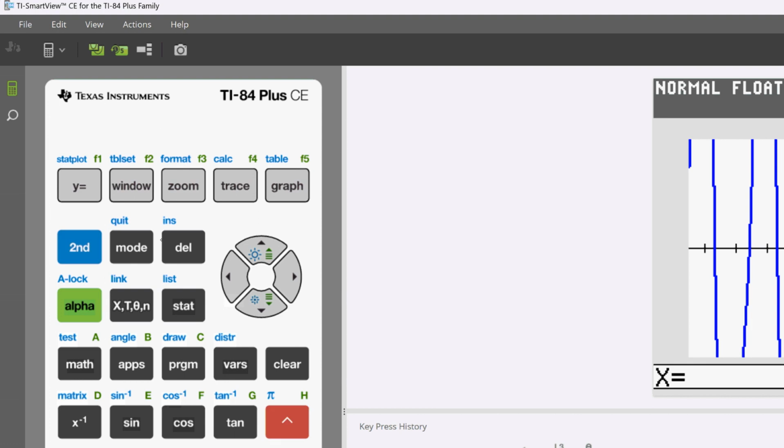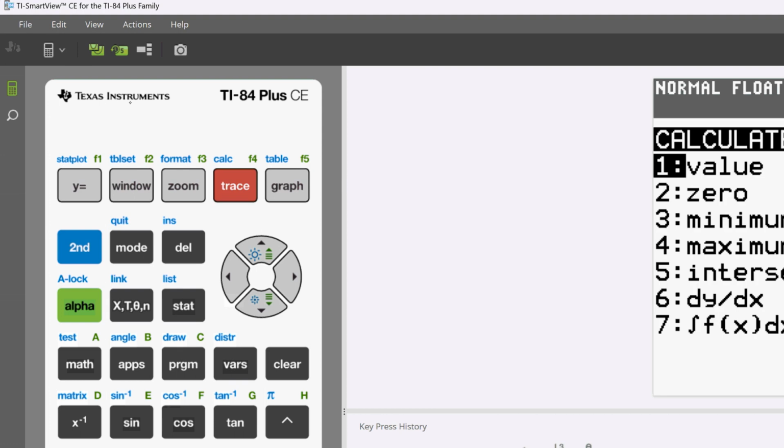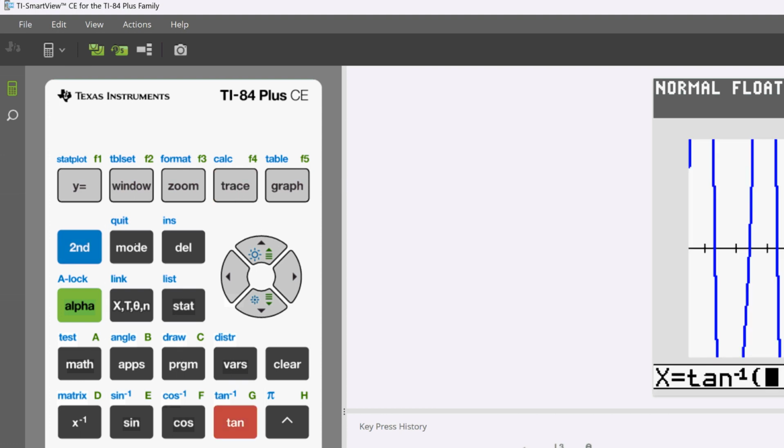So what we could have done is tangent inverse of -2 plus pi, which will give us our value here, yes? So it gives us one between 0 and 2 pi. We had to adjust that.